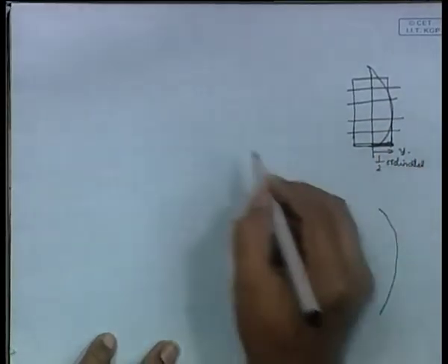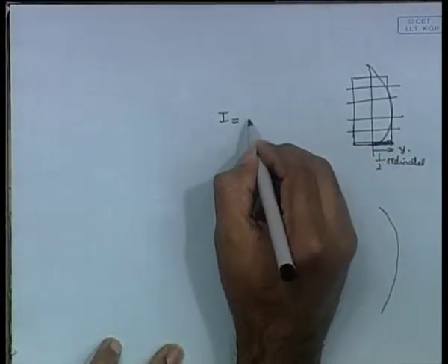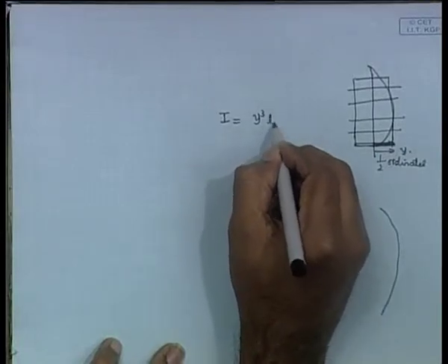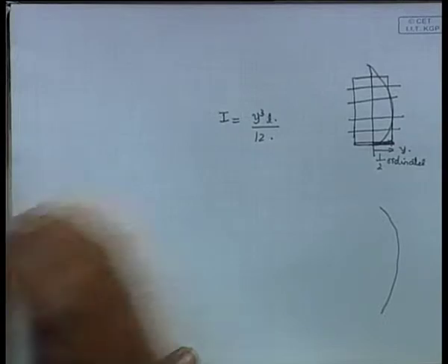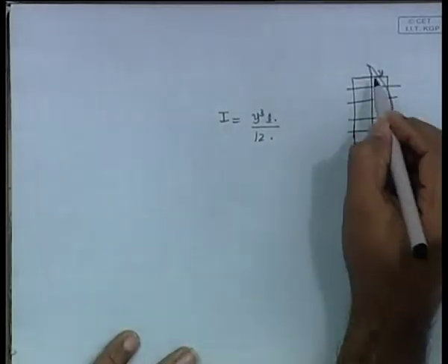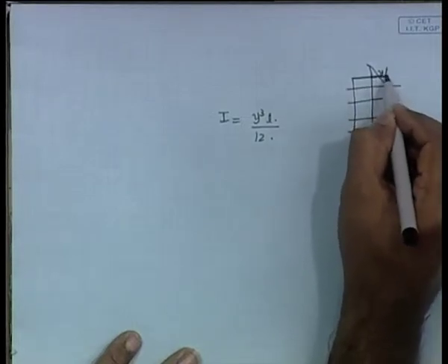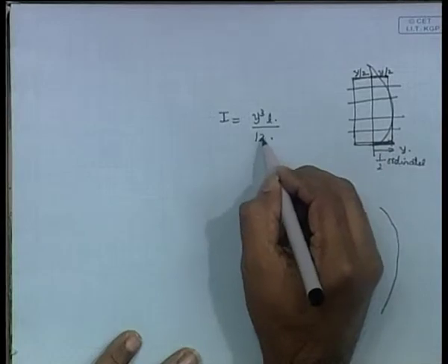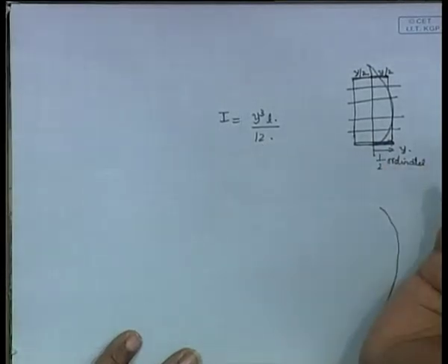Now what I are we talking about? I for a rectangle in general is given by this half ordinate cube into L divided by 12, right? If this is y, this is y by 2, y by 2. So if this is y, then y cube into L by 12 will give you the I, the moment of inertia.